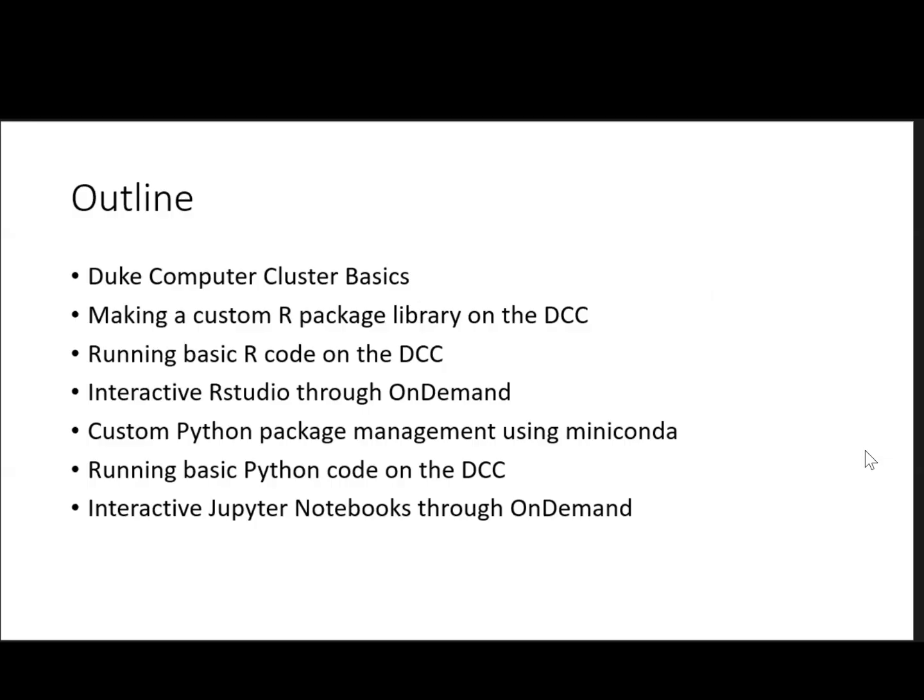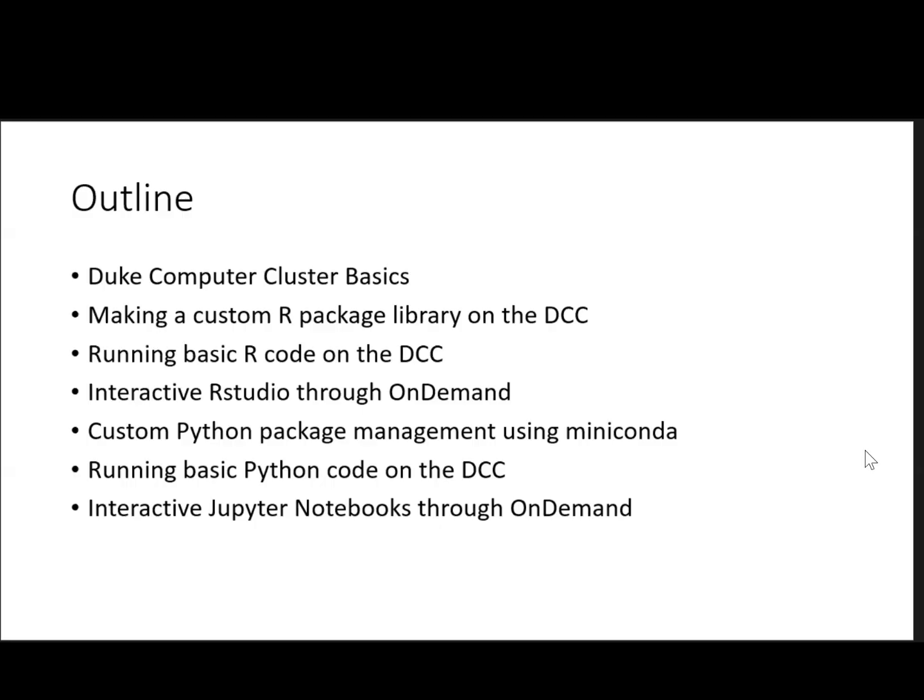So I'll first talk about how you get access to the computer cluster and use it. We had some sessions in the previous semester from the computer cluster and OIT folks that talked about what the cluster is. But just to briefly recap, the Duke computer cluster is what's called a high performance computing cluster, or HPC.